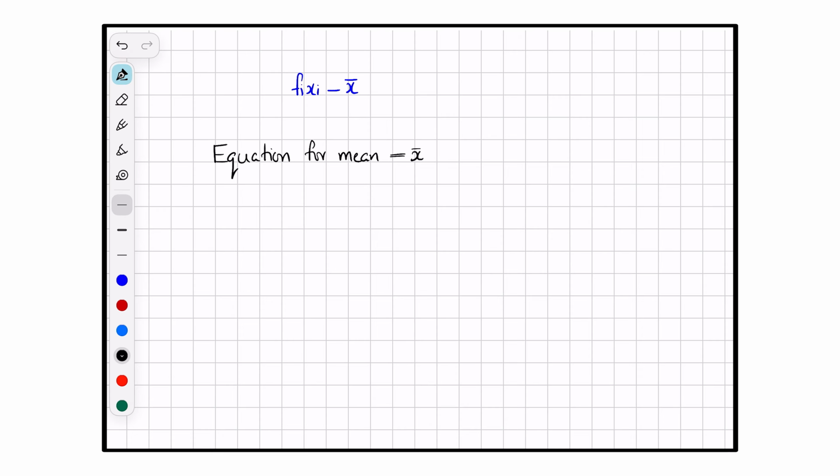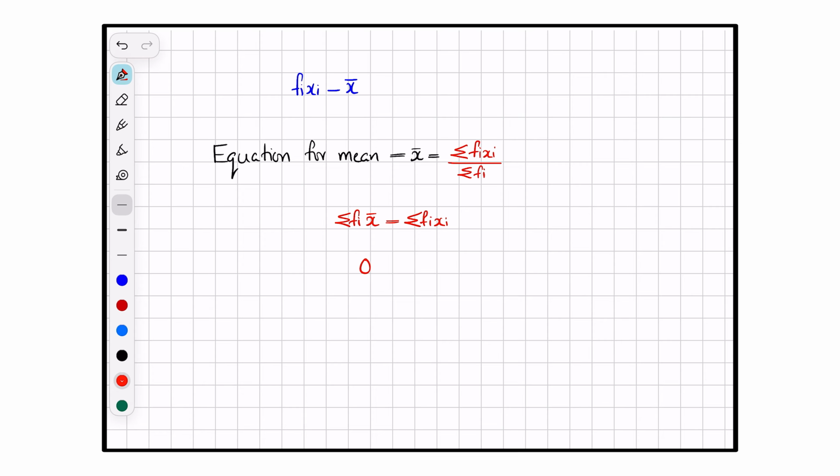Let's write the equation for the mean, that is x bar, and we will get x bar equal to summation fi xi divided by summation fi. Or I can write summation fi multiplied by x bar is equal to summation fi xi.